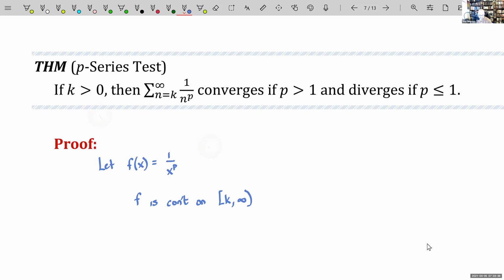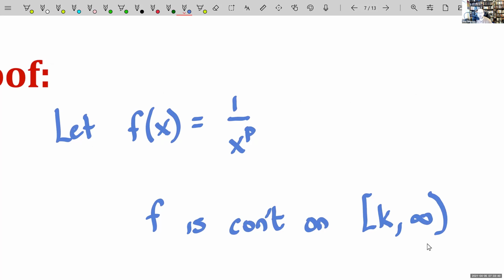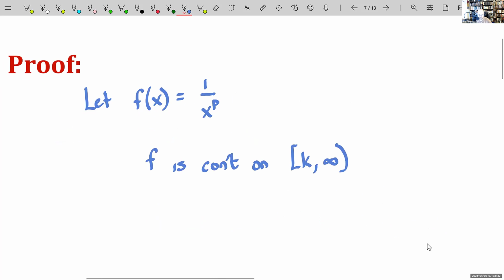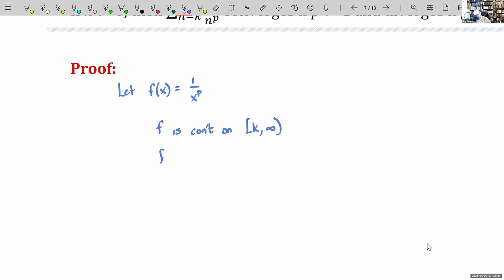The only time f is not continuous is when k is equal to 0, so we don't have to worry about that. And f is positive also on k to infinity. So the first 2 conditions of the integral test are satisfied. I have continuity and positivity.